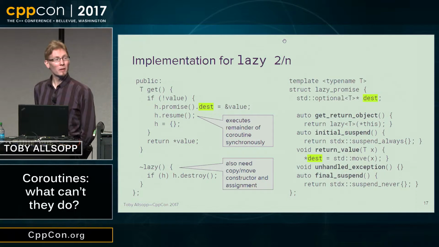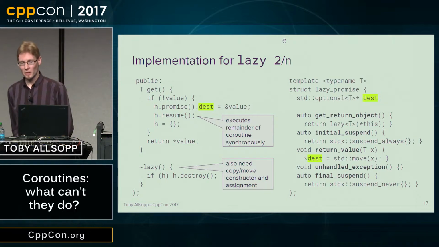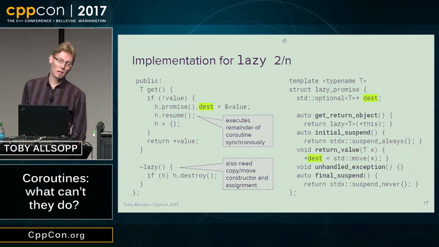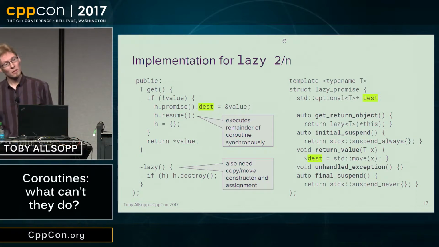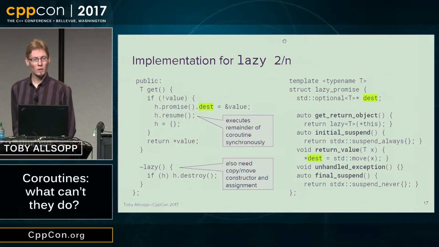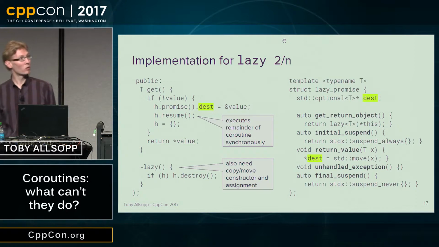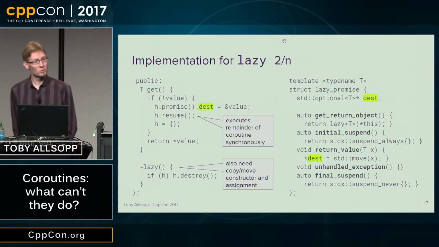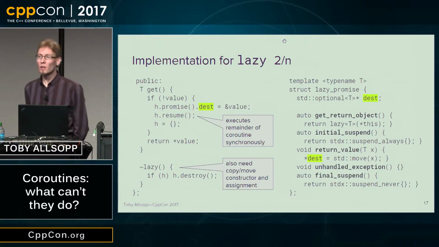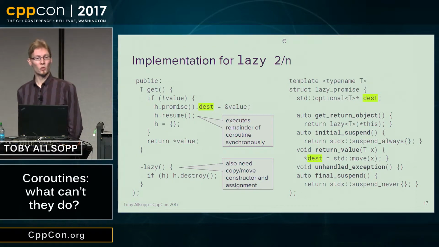Then the public interface of lazy is basically just this get member. What we do in there is we say if we haven't got the value yet, we'll go and calculate the value, and then we'll return the value. In order to calculate the value, we resume the coroutine.